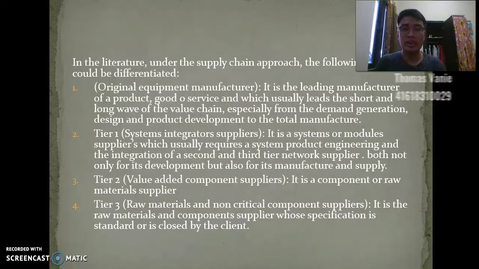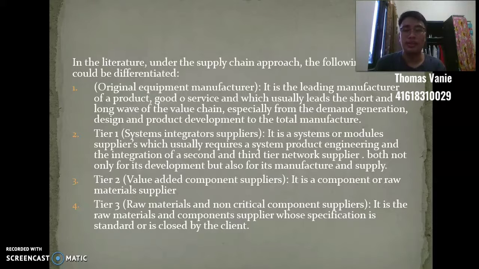My name is Thomas Vanie, and here I have a presentation about the irregular supply chain. In the literature, under the supply chain approach, the following can be distinguished. An original equipment manufacturer. This is the leading producer of the product, good, or service, and that actually leads to short and long value chains, and particularly from the demand creation, the design, and the development of the product, the total manufacture.